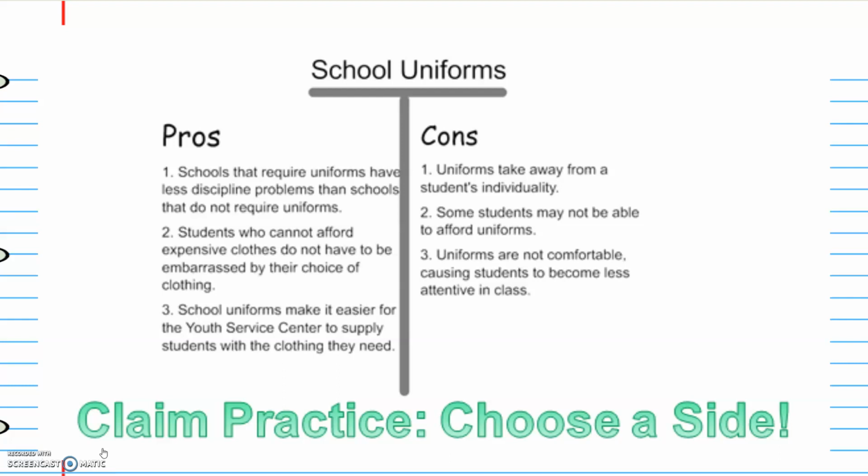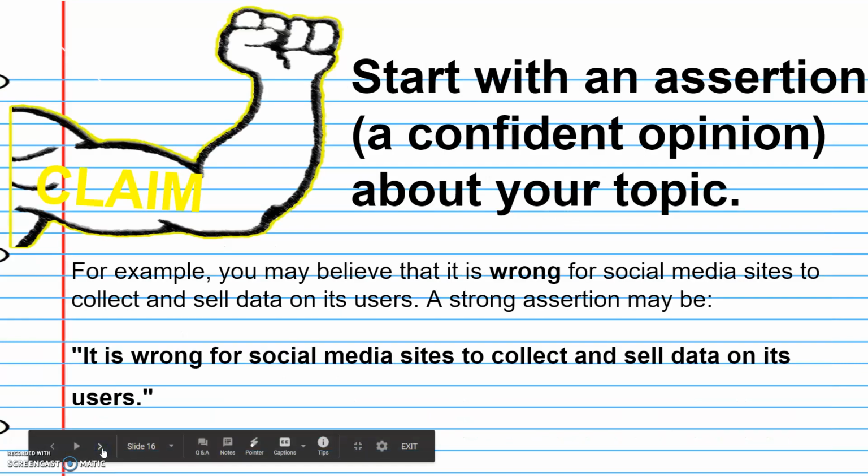So the question is, are you for school uniforms or against them? You must start with an assertion, a confident opinion about your claim, but without writing I think or I believe.